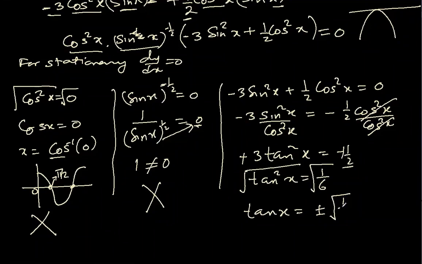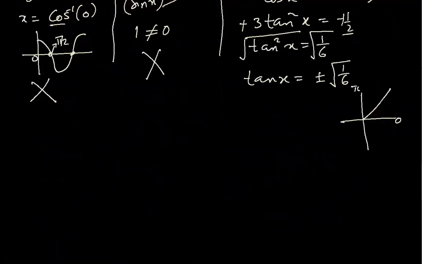Now, from 0 to pi by 2, that means we have to just focus on the first quadrant, because this is 0, this is pi by 2, and in this quadrant tan is positive, that means negative is gone.